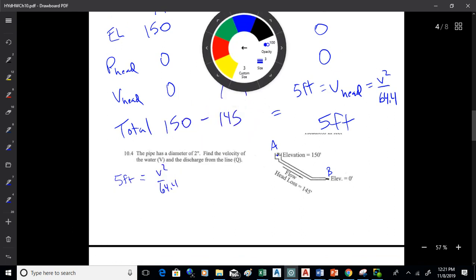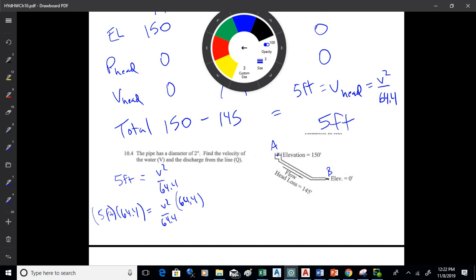Okay, so if you multiply both sides of the equation by 64.4, you're going to have 5 feet times 64.4 is v squared over 64.4 times 64.4. So what I'm doing there, I'm just multiplying both sides of the equation by 64.4. And I'm doing that to get this lower term to cancel. So what I'm going to end up with here is that v squared is equal to 5 times 64.4, which is 322.